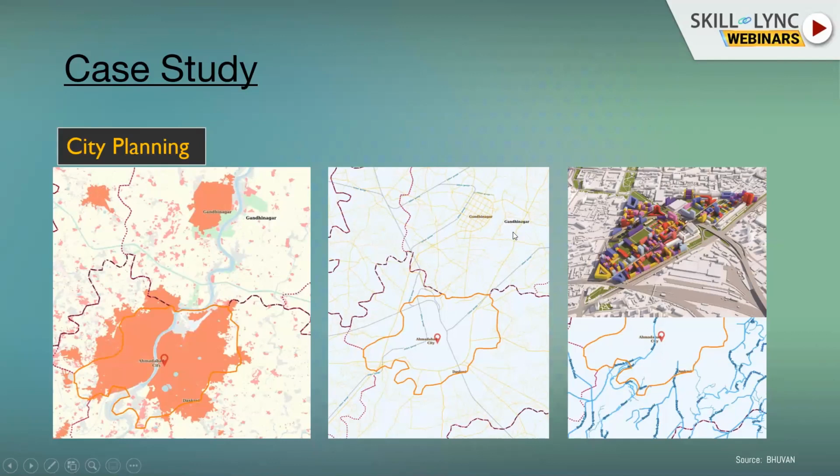Okay, so now GIS is two dimensional, also three dimensional. Now you have four dimensional also, right? To all your data, suppose you're just adding your height information, right? This is where you get your building heights. Suppose in the future there is a drone delivery system, maybe they'll have no fly zones.